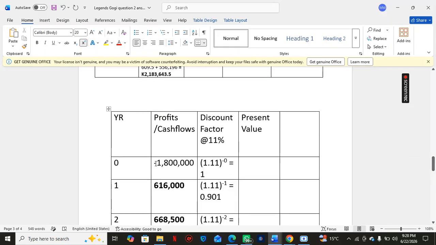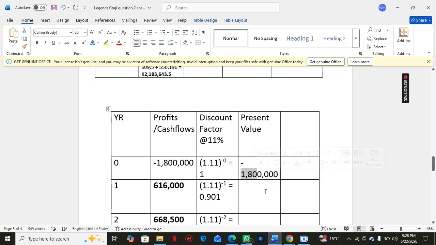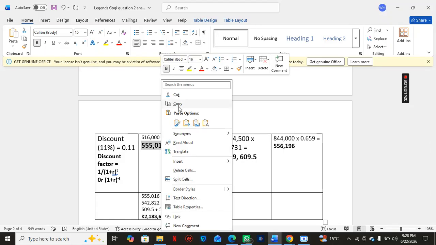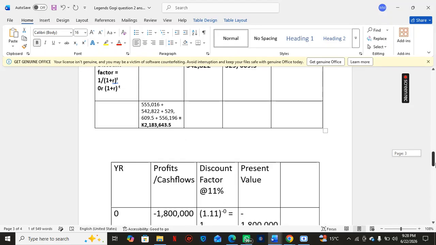So -1,800,000 multiplied by 1, -1,800,000. Year 1: 616,000 multiplied by 0.901, 555,016.